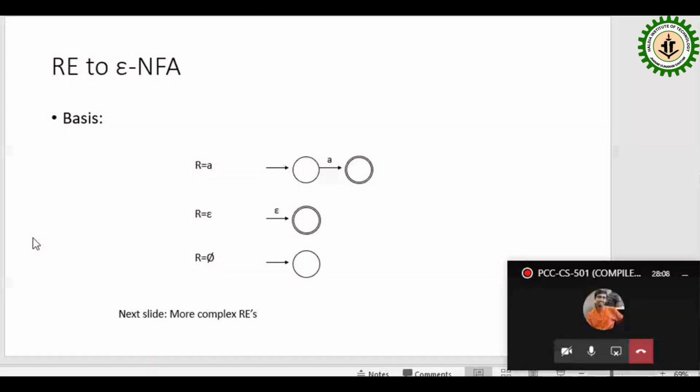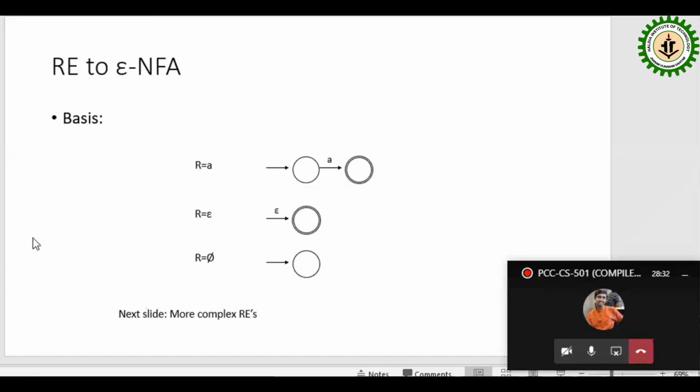First, R equals a. You already see from the start node, you go for the a input to the final state, start state to final state for a input. When R equals null, that means for null input, the start state is also the end state.